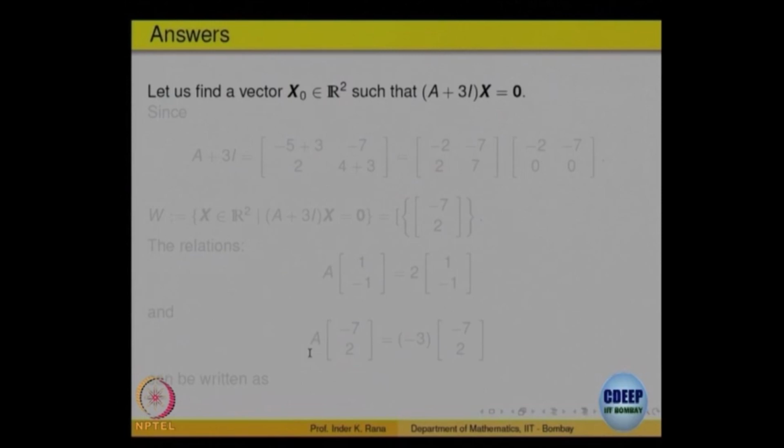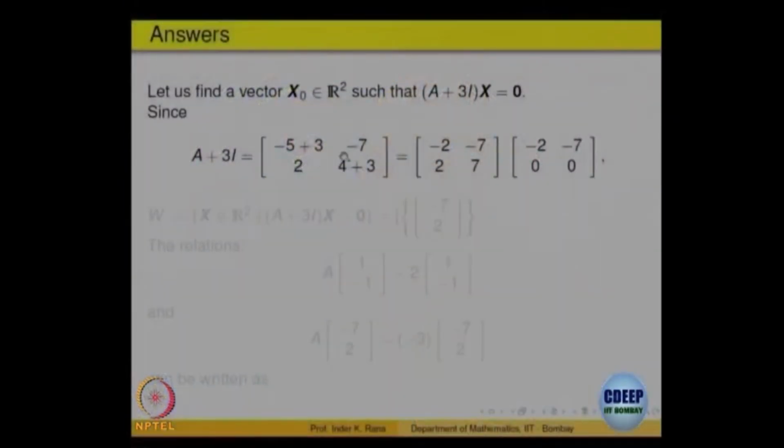I think it is better to do the calculation by, okay, there may be a typo, let us just see. So, lambda is minus 3, so A plus 3I. So, minus 5 plus 3, minus 7, 2, 4 plus 3, is that okay? So, that gives me minus 5 minus 2, minus 7, 2, 4 plus 3, 7, right.